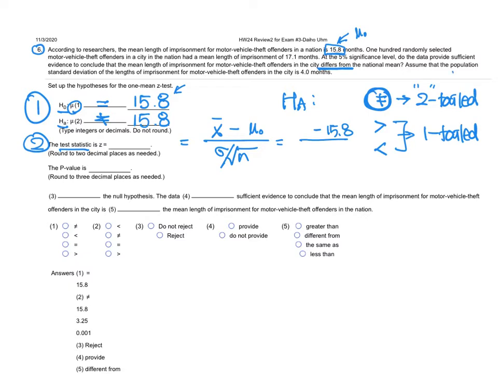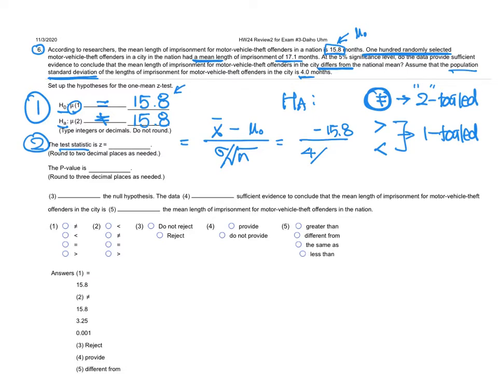The population standard deviation is sigma, which is 4. From a random sample of size 100, the sample mean was 17.1.